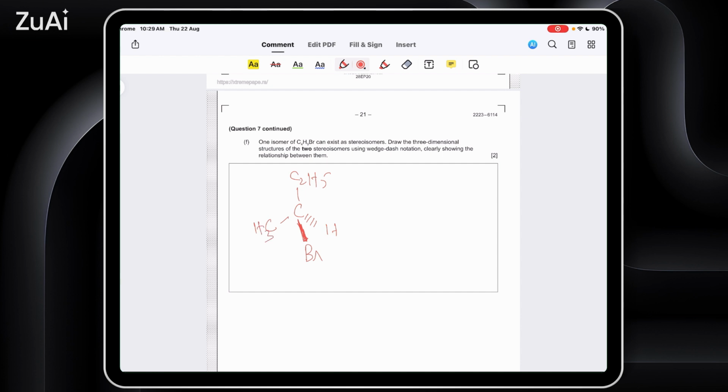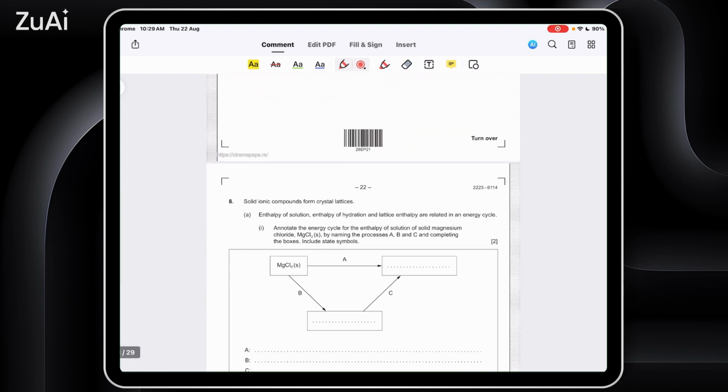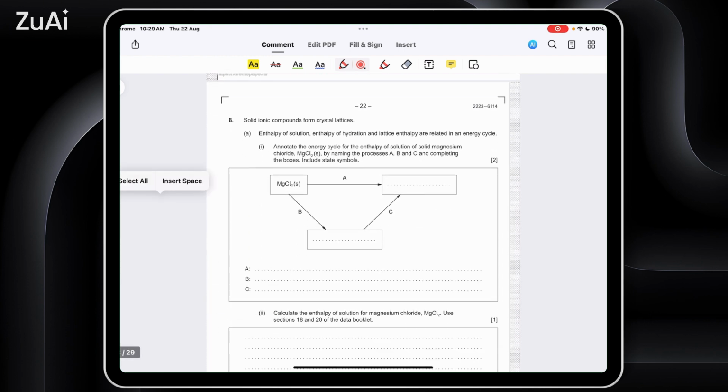That is having the optical isomer, and they have 2, because they are mirror images of each other, like this. So that's the Hess cycle.